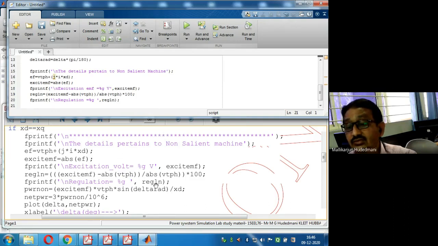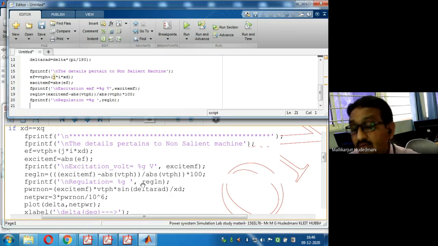I just follow this. Then I wanted to write power non-salient. What is that? Excitation EMF into VT per phase into sine of the delta divided by XD. And into 3, when I do it becomes 3-phase power. There are two.